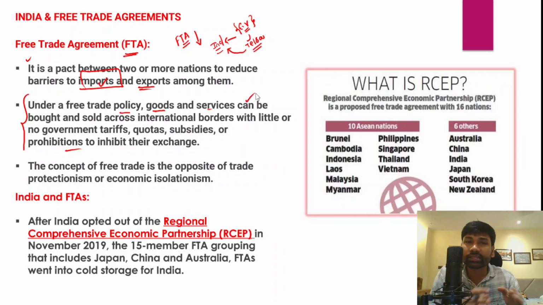In fact, this concept of free trade agreement is opposite to the trade protectionism that many Western countries have started to implement in their respective countries. They are becoming more and more inward looking and more protectionist, and that is a problem, and it is also against economic isolationism.